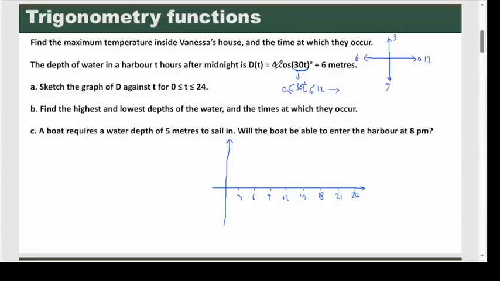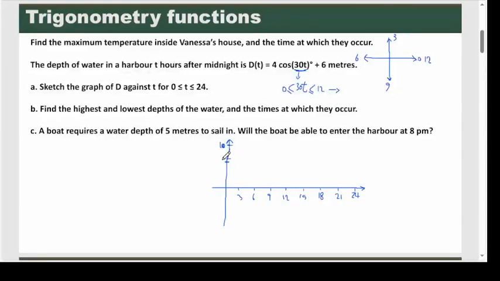Okay, now I will go for my output, which, as I said, the 4 affects my amplitude, which is between -4 and 4. So for 0, cosine of 0 gives me 1. 1 times 4 gives me 4, plus 6 gives me 10. So my output will start from 10. At 3, my cosine is 0, so my output would be 6.